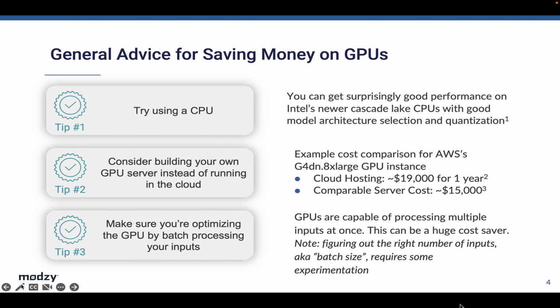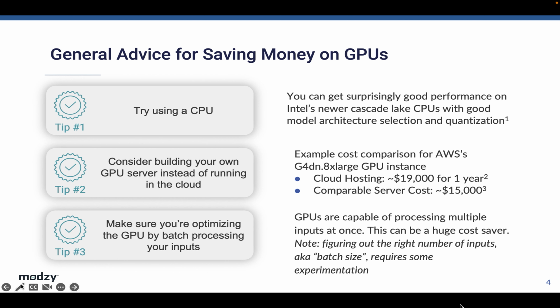So some general advice, a few tips on saving money when you're using GPUs. The first is try using a CPU. It's an underrated piece of hardware for a lot of use cases, particularly if you don't have really high latency requirements.